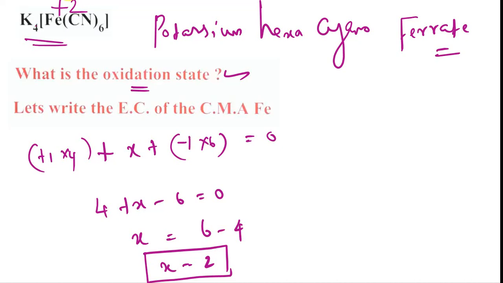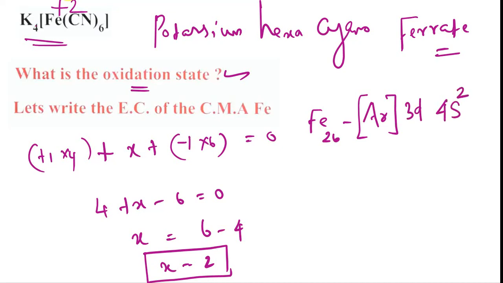The electronic configuration represents iron. The atomic number is 26. So the general electronic configuration is argon, that is 18, so the remaining 8 electrons are there. It will be 3d6 4s2. So this is the general electronic configuration of iron.